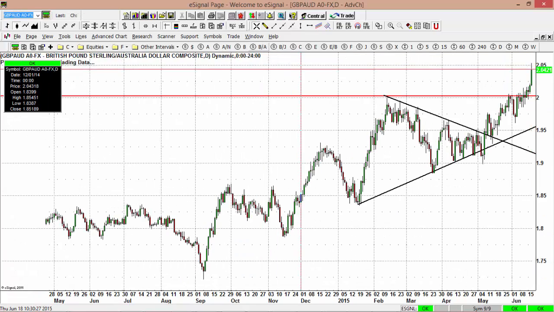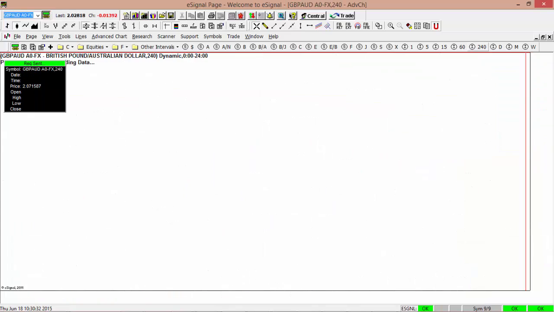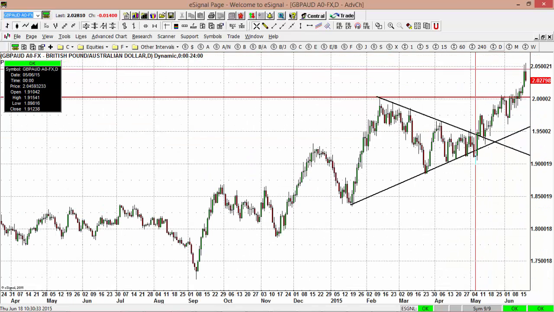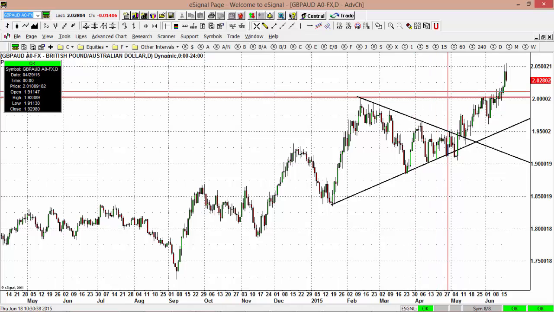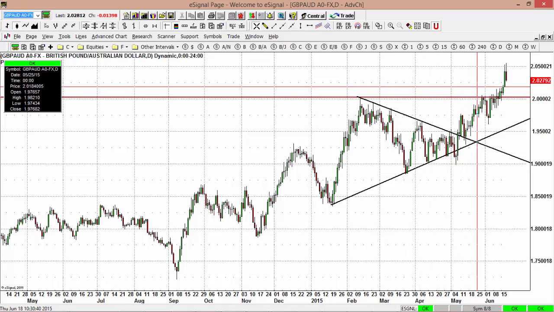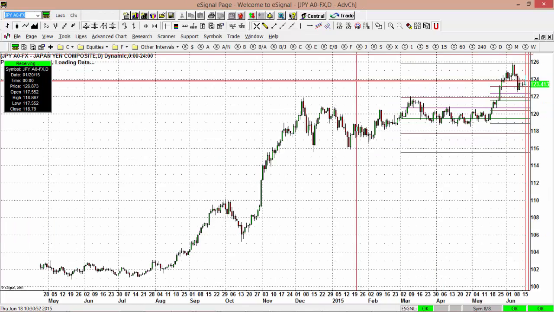Taking a look at the British pound versus the Australian dollar, the market is pulling back sharply this morning as the market broke the all-important resistance a couple of days ago and is now pulling back. But if you're long this market, it's a wise idea to stay long. If you're position trading, it's a wise idea to stay long.